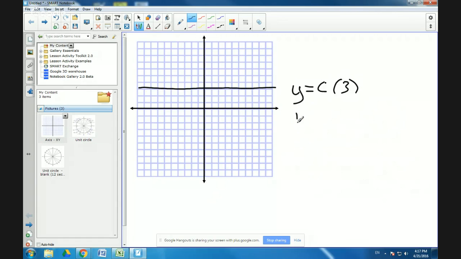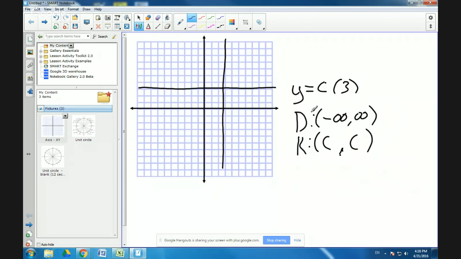The domain for this is negative infinity all the way to infinity. And the range is just c, for this graph only. Now, if it were the other way, say x equals 3, then you would have these flipped.